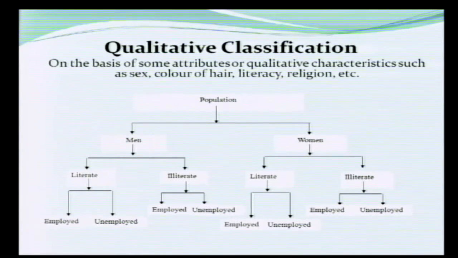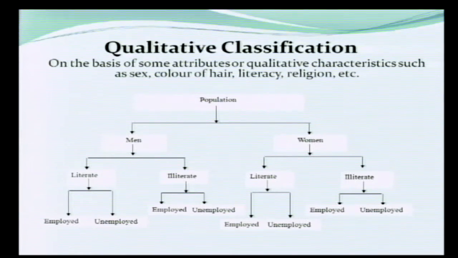Then again we can classify these 2 categories into subcategories on the basis of the characteristic literacy: literate men or illiterate men. The total number of women can be classified into 2 categories, literate women and illiterate women.